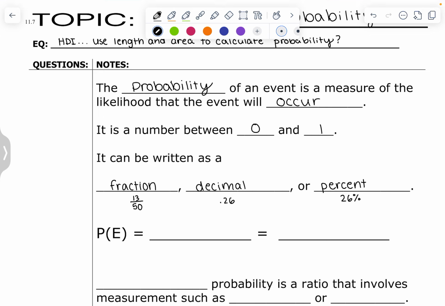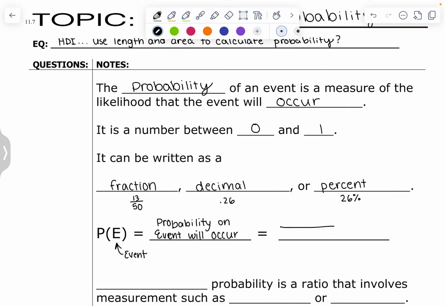Probability of E, where E is the event, P of E is the probability an event will occur.